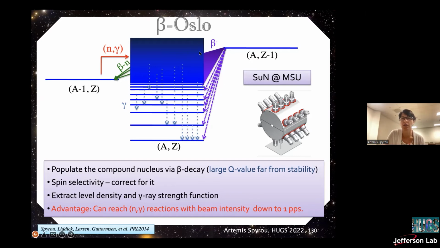The way we measure that excitation energy is again from all the gamma rays that are coming down. That's why, remember I mentioned before in the reactions section, we use this large summing detector. You use that kind of detector here as well. And then you get your excitation energy from the gamma rays. So then it doesn't really matter what the beta energy is and the fact that there's a huge range. The beta for us is just a trigger. We don't really use its energy for anything else.